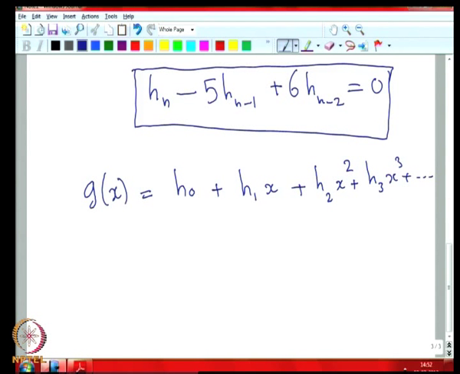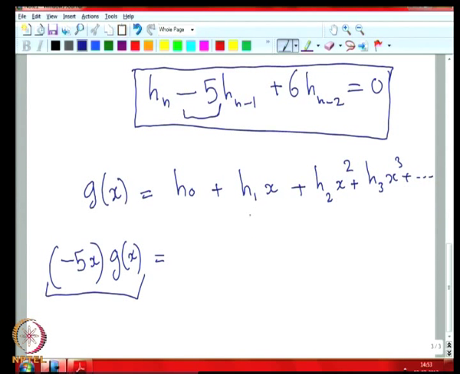Now multiply g of x by minus 5, the coefficient of Hn minus 1 here, into x. That means minus 5 into x times g of x. What will that be? H0 into minus 5x, H1 into minus 5x into x, that means minus 5 H1 into x square and so on. Because H0 into minus 5x already has an x, in the expansion there won't be any constant term.